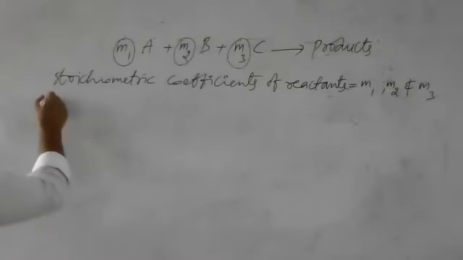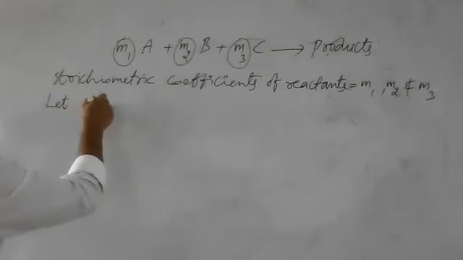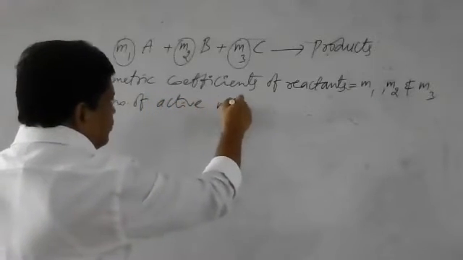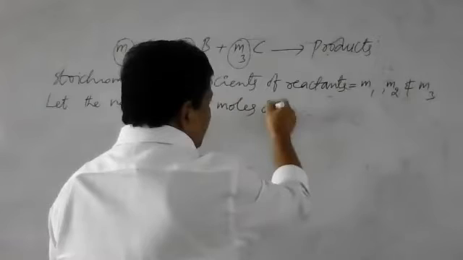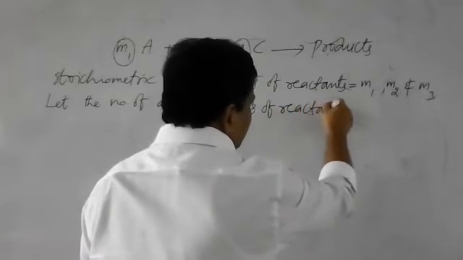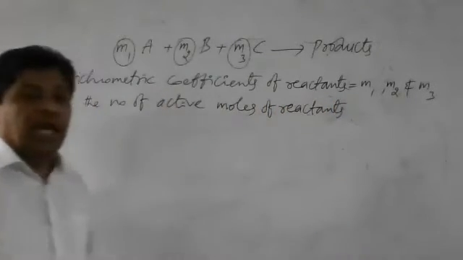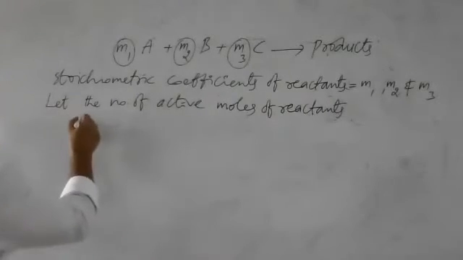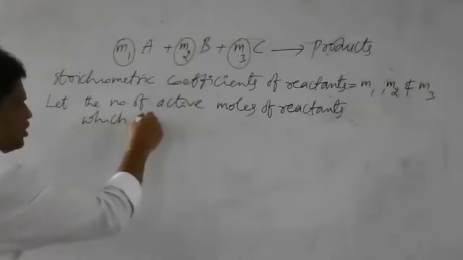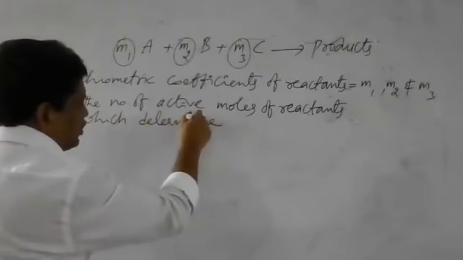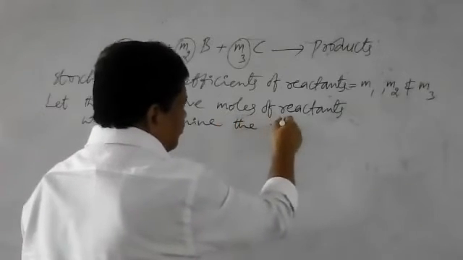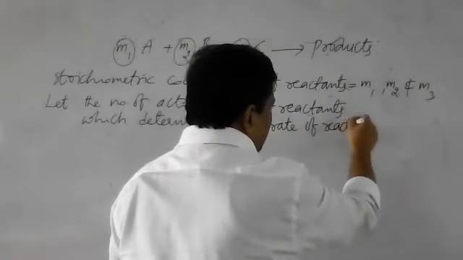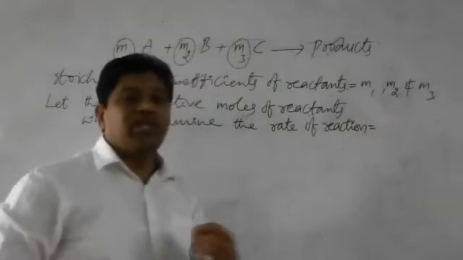Now I'm taking, let the number of active moles of reactants, which determine the rate of reaction, be decided by active moles of the reactants.